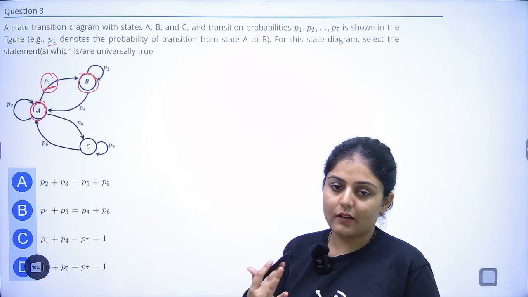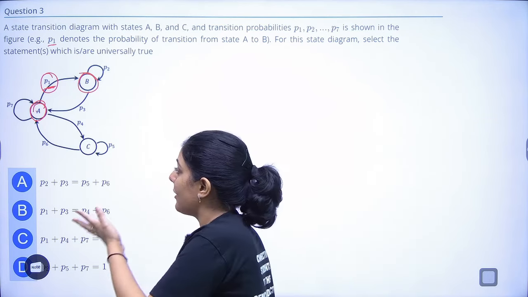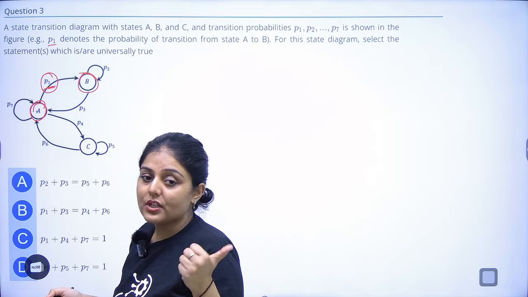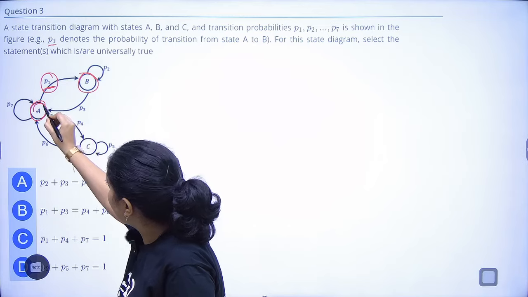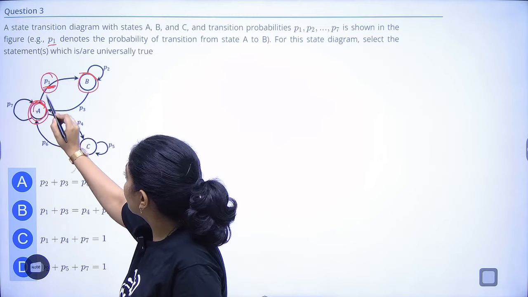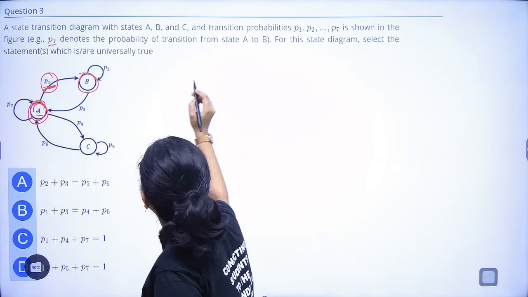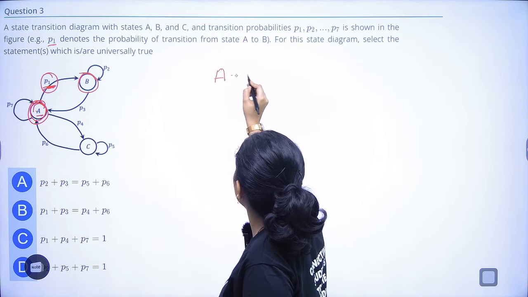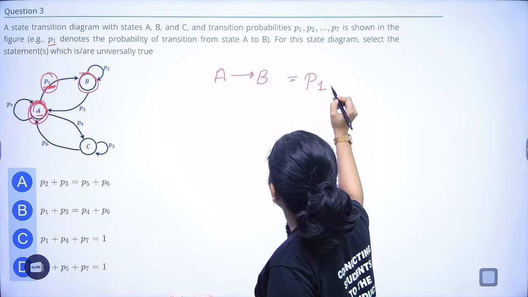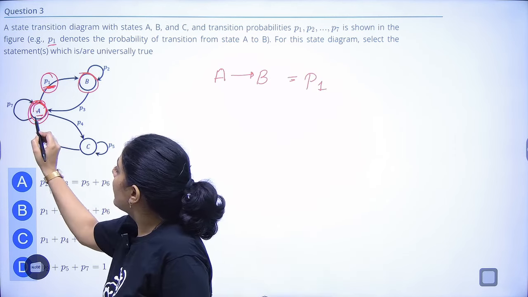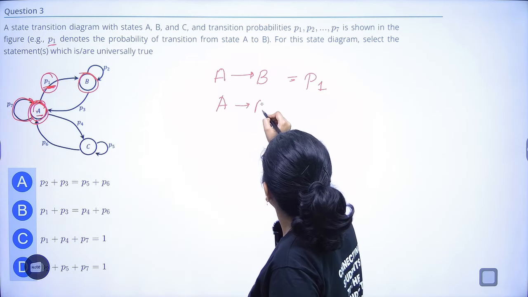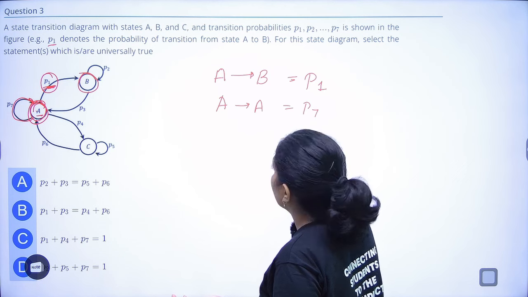So how to solve these state diagrams? There are three states we have to check. One state is moving to another. P1 is the probability of changing from A to B. If A stays at A only, the probability is P7.